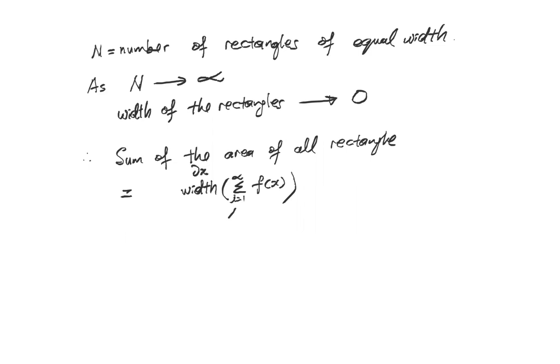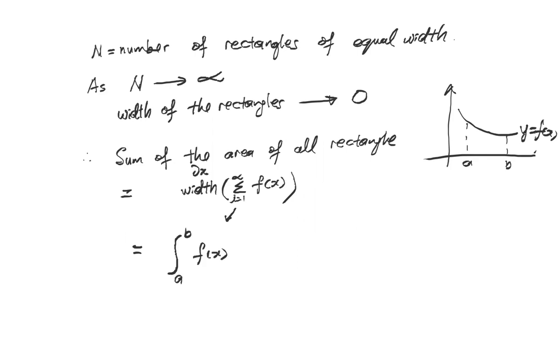So this one, the sum, we change it to integration. This is the curve, y equal to f(x). So from a limit a to b, it will be f(x) dx. So sum to infinity.